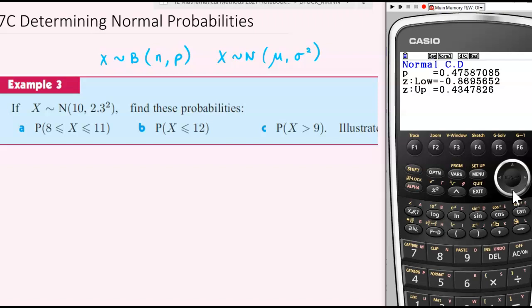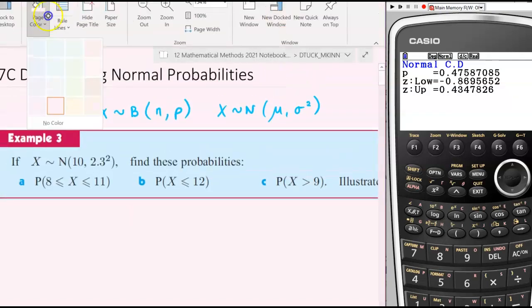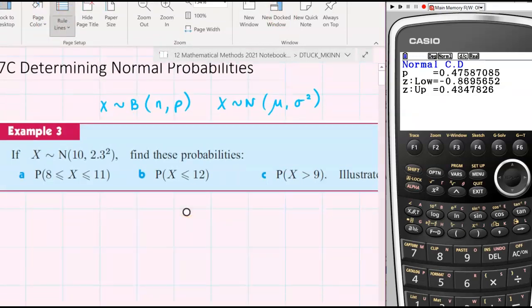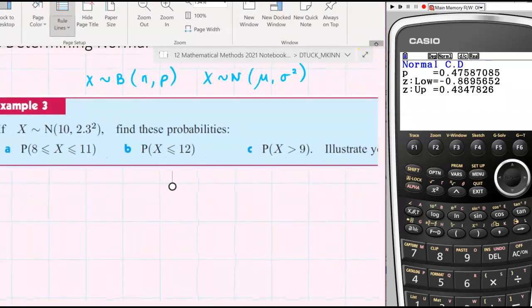Now, right now, I have done nothing on my page, and I have an answer. Do you think that's going to be good enough for your exam, to just come in and write 0.47? No. Let me show you what we would like, and it's not just what we would like, but what you actually need to do.